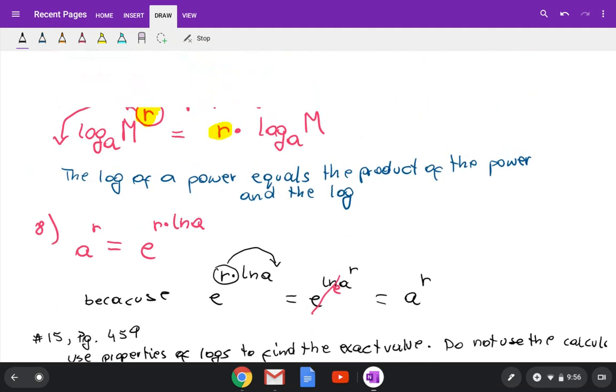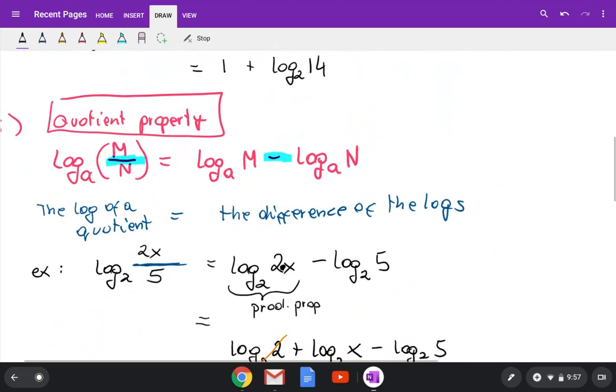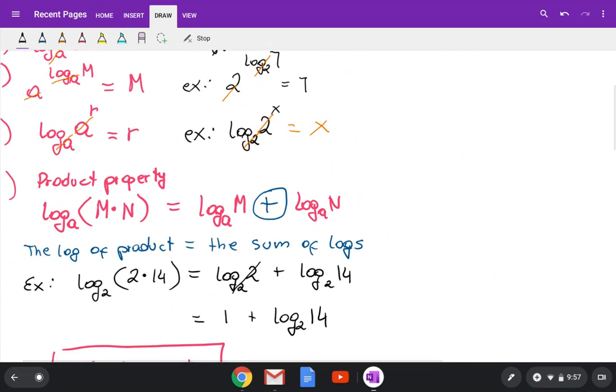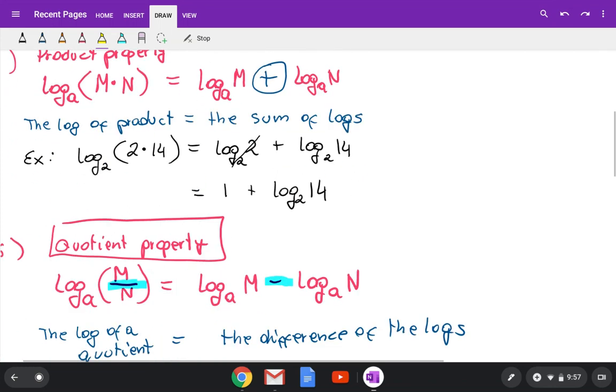You have the right side of the product property: one log plus another log with the same base. You can rewrite it as one log and multiply the inputs together. So this is what we're going to use.